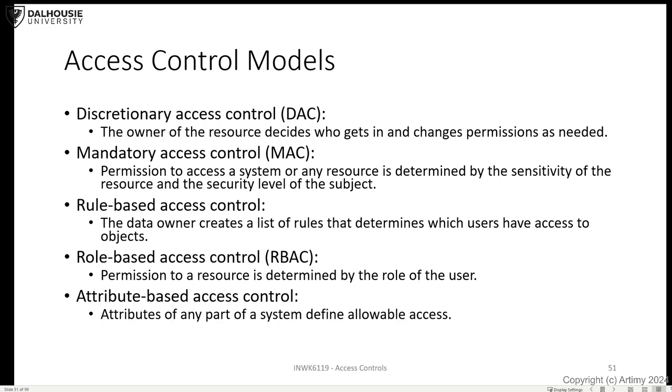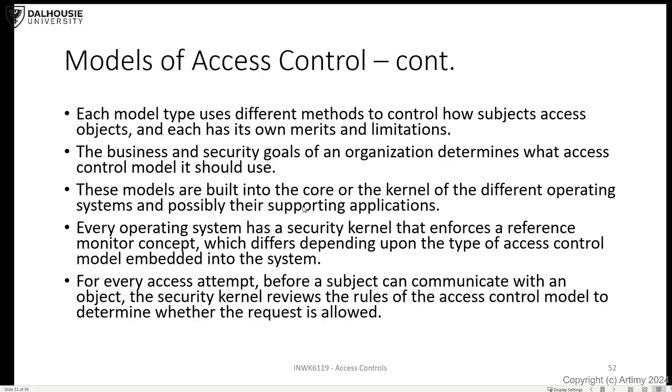You have to know the difference between rule based and role based, and then the attribute based. The top one is discretionary, and the other four are put under the umbrella of non-discretionary access controls. Sometimes you see in the documentation something called NDAC, or non-discretionary. These four belong to this category.